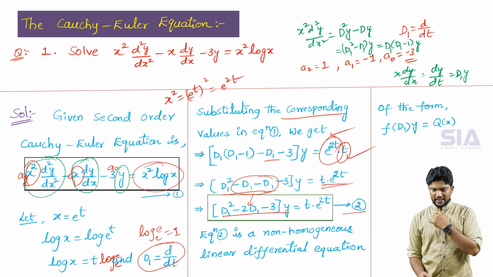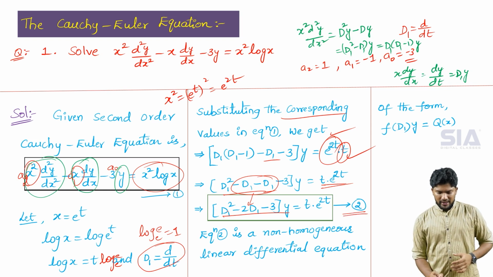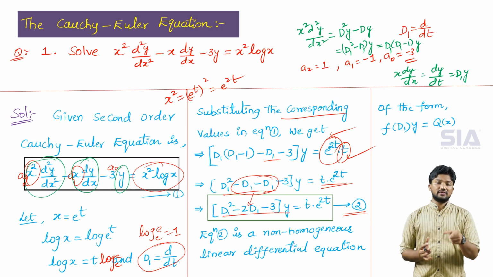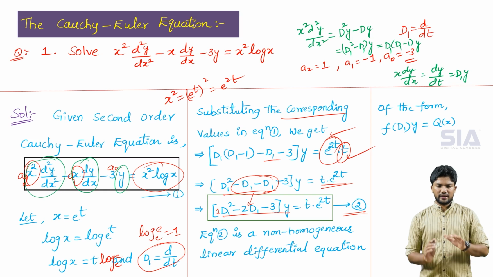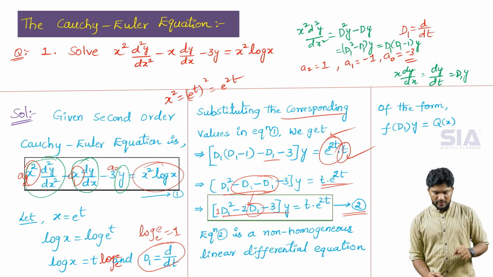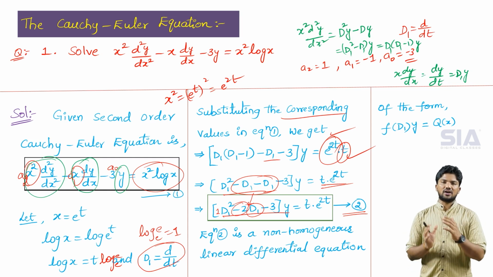So that is taken as equation number 2. Now here you can observe, it is also a linear differential equation of second order but with constant coefficients. D1 square coefficient is 1, D suffix 1 coefficient is minus 2, and minus 3. Here all are constant coefficients.